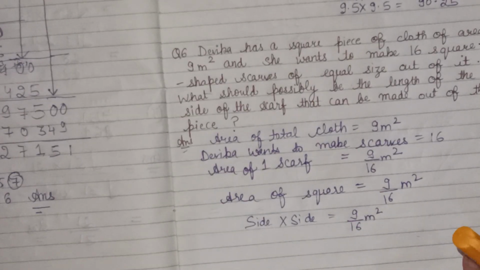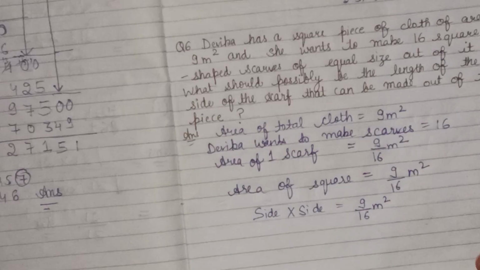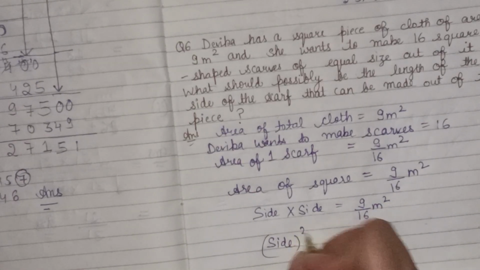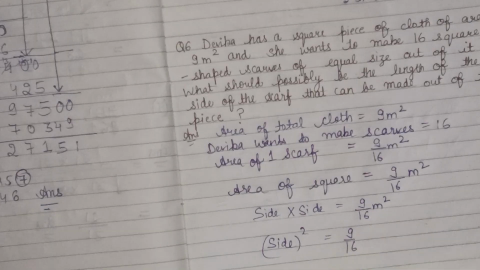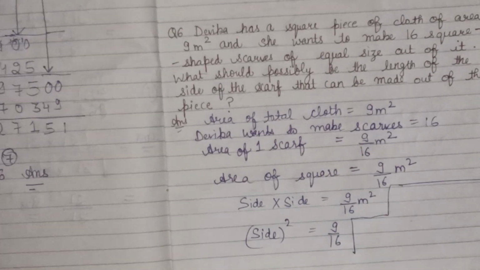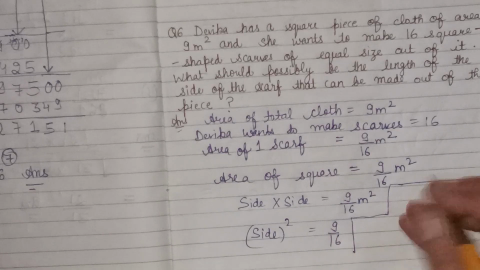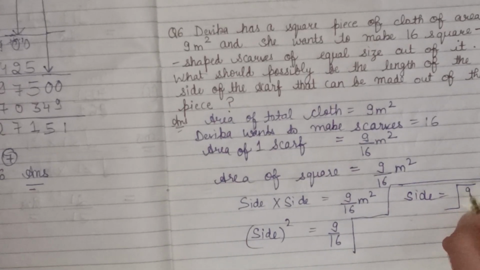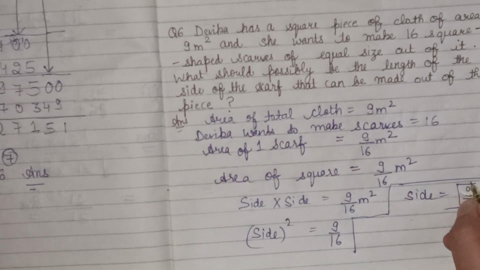We can also write side multiplied by side as side squared. Side squared is equal to 9 upon 16. Then we remove the square from this side. I write side is equal to under root 9 upon 16.